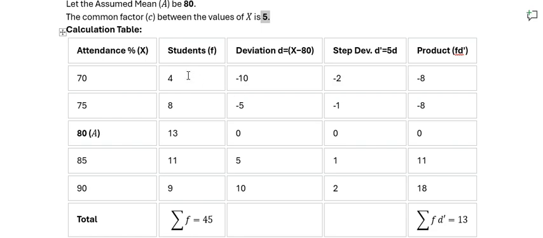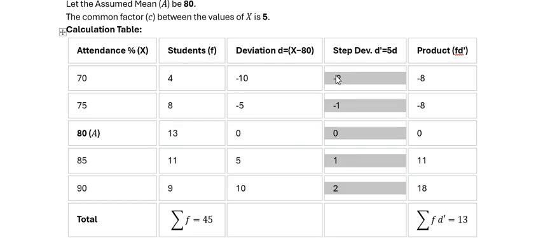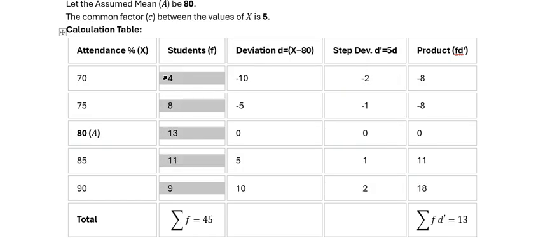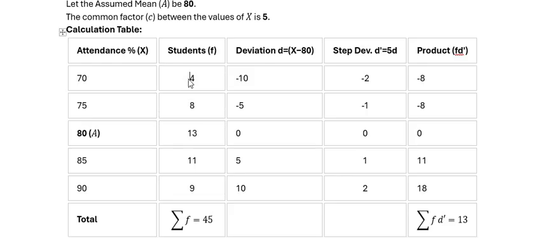Now for fd dash, I'm talking about this column. I'm keeping this center aligned so that you can understand it a little easier.